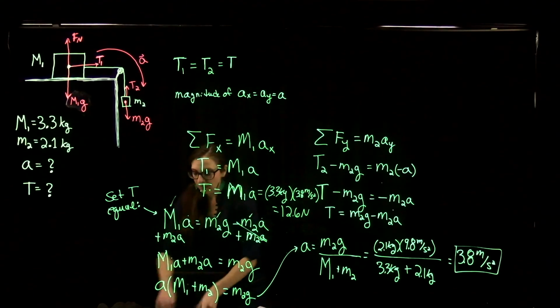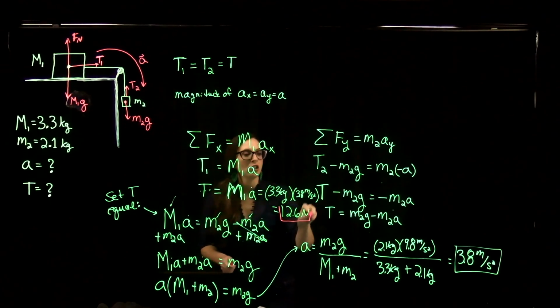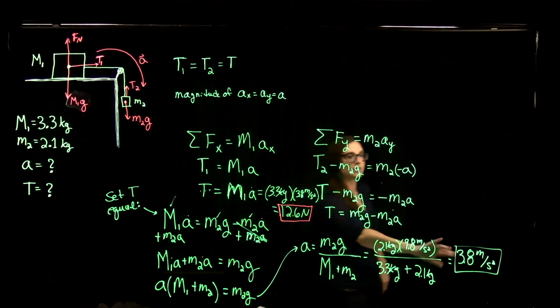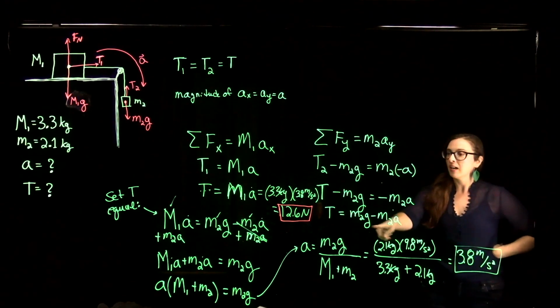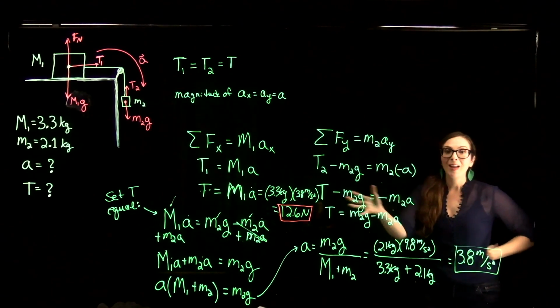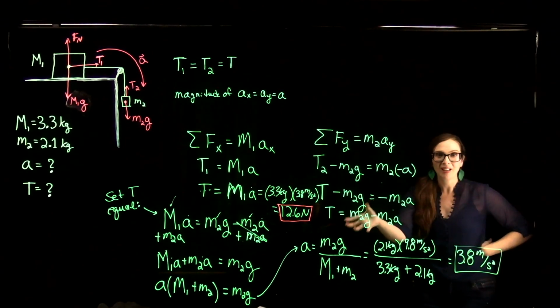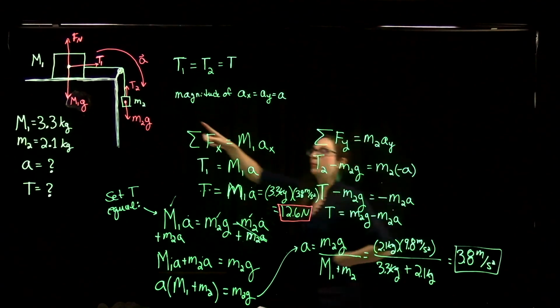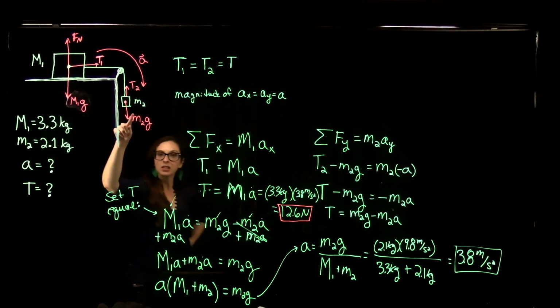Okay, and then if you wanted to always check yourself if you're solving a problem like this again, you could take that acceleration, plug it into the second equation for tension, and hopefully, if you've done everything right, you will get the same tension as you did on the first block. You'll get the same tension for the second block here.